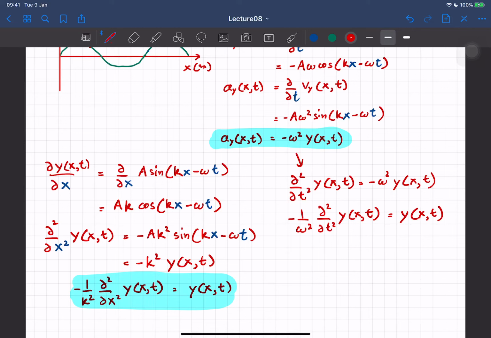Okay, so this is the other equation, which is the same as what we have up here, except written in a slightly different way. But with these two equations, you can see that the right-hand sides are the same, which is just y as a function of x and t, on both sides like this.